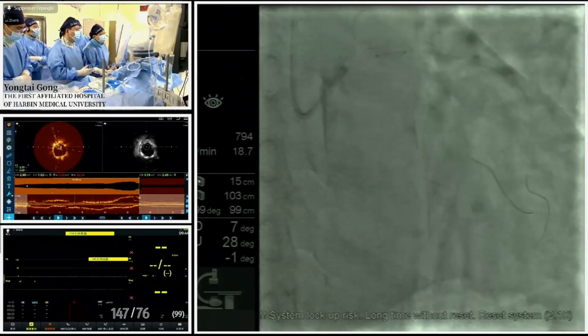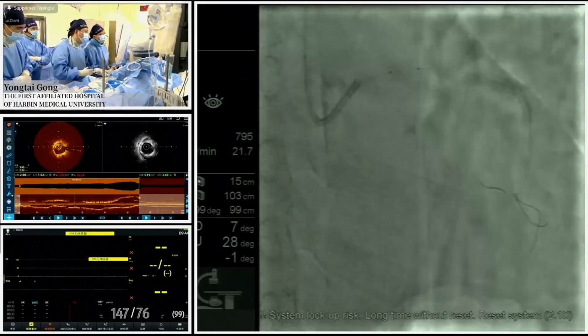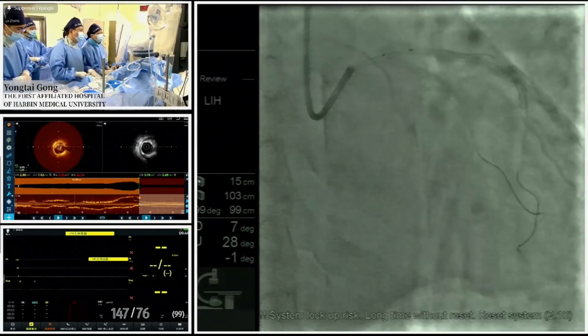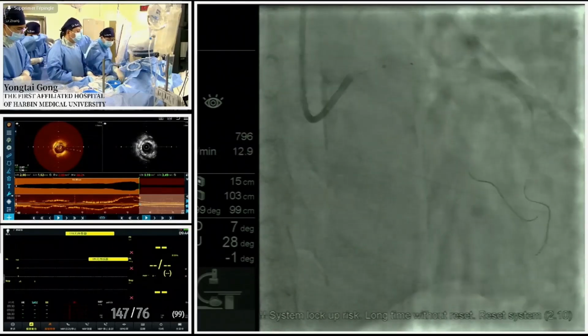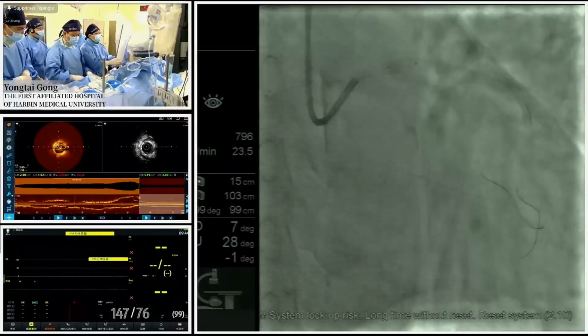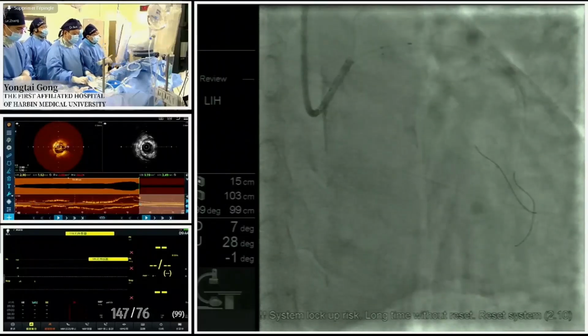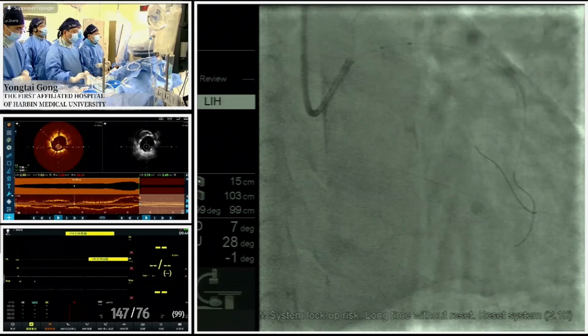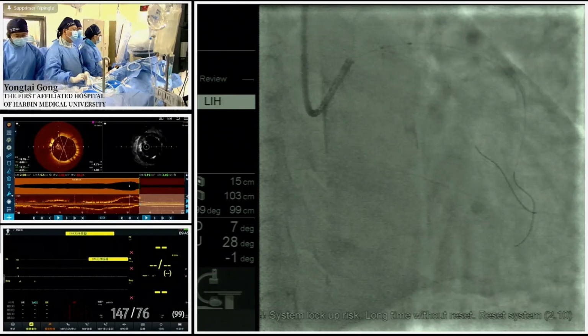So what's the balloon size in the circumflex? I will use an 1.8 balloon to perform the kissing balloon technique. The NC balloon should have no significant injury of the ostium of the circumflex.